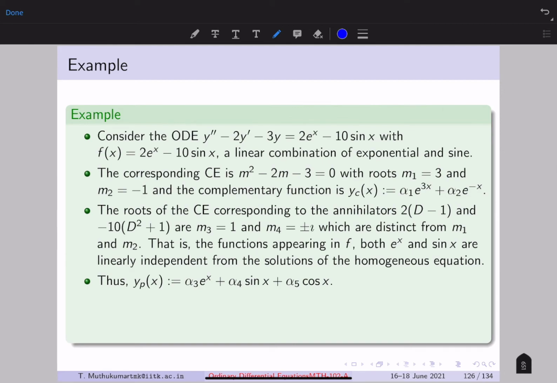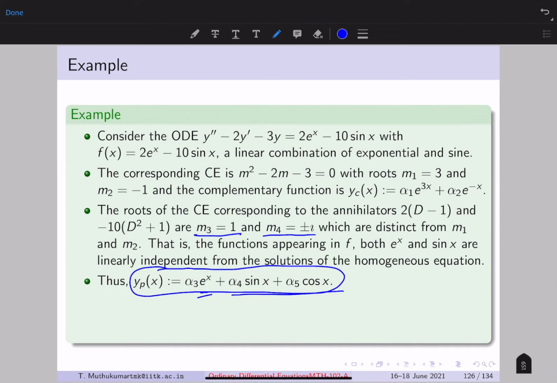So your particular integral can be written the way we always did, as alpha 3 e power x, which is coming from these roots. m3 gives you e power x, and this complex pair of roots gives you alpha 4 cos x plus alpha 5 sin x, right? The real part is 0, the imaginary part is 1. So this is what you have, yp.